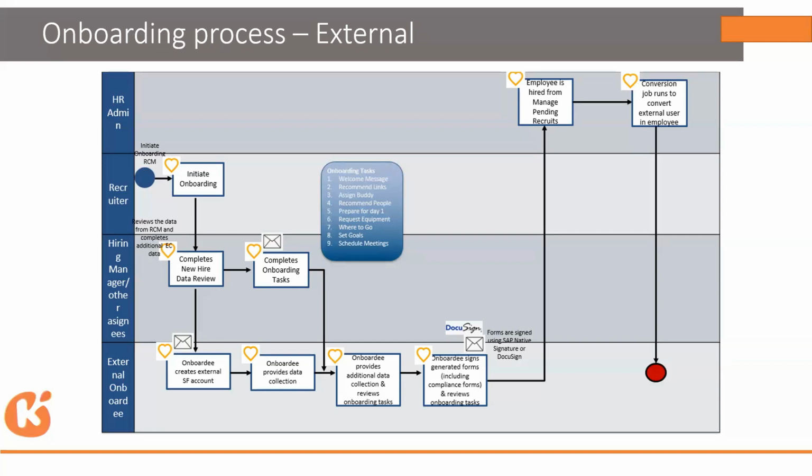For example, there is a form which has five users who have to sign. Let's say HR has to sign, recruiter has to sign, manager has to sign, and then IT team has to sign, and then finally employee has to sign. There are different people who have to sign the form. If they are using the embedded e-signature, at that time you cannot have other participants. Only manager and employee can sign the form by using the embedded signature.